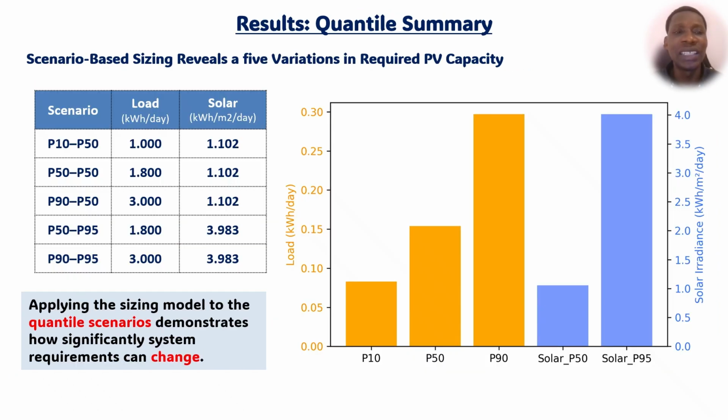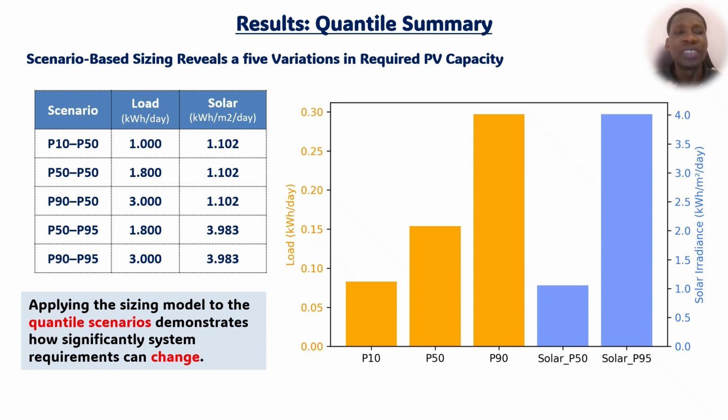Applying the sizing model to the quantile scenarios demonstrates how significantly system requirements can change. Scenario-based sizing revealed a 5x variation in PV capacity. From the datasets that were explored, we have the scenarios that we use to give us the load and the solar capacity.